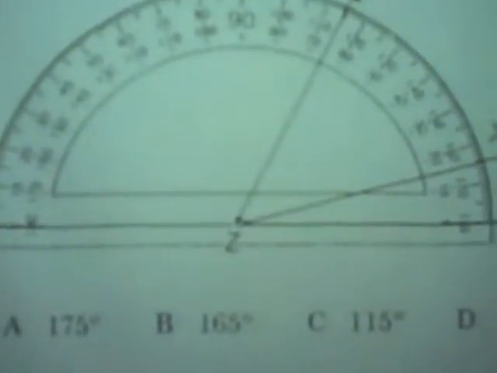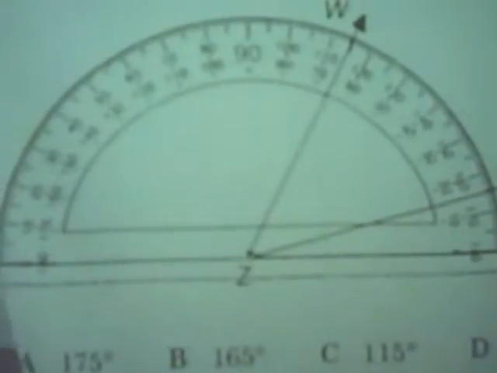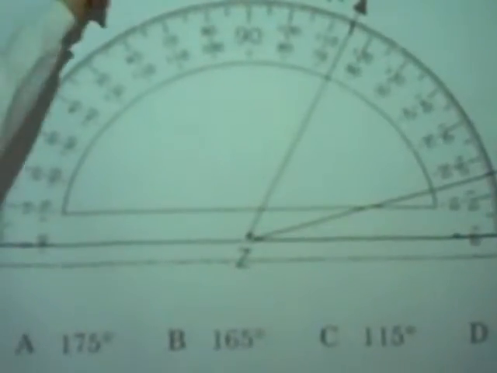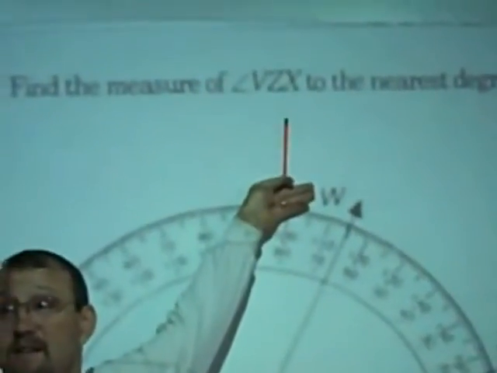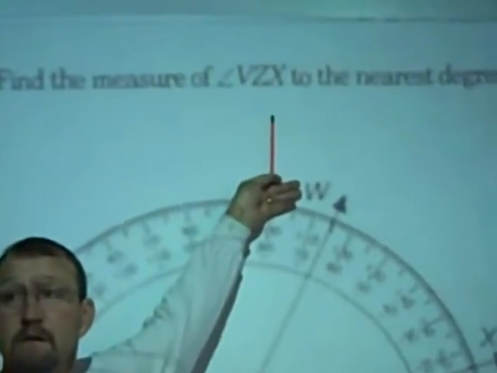So we have to understand how to name this, because look at the instructions. Find the measure of what? A three-letter thing, right? So I've got to find the measure of VZX. And so, on any paper that you see that's giving us that, this is the key. So circle that guy, because that's what we're really worried about.